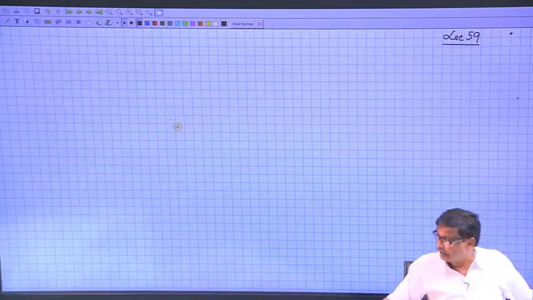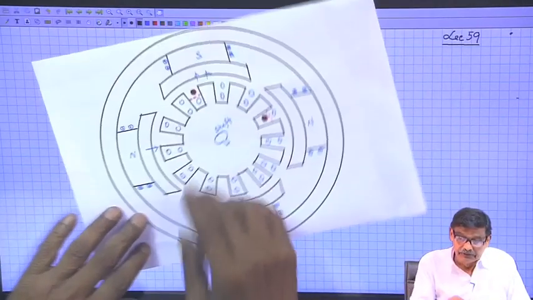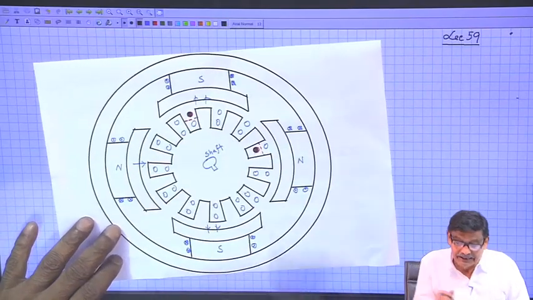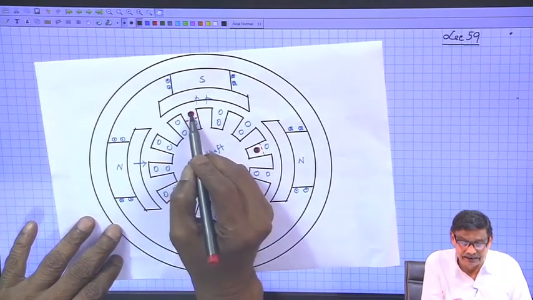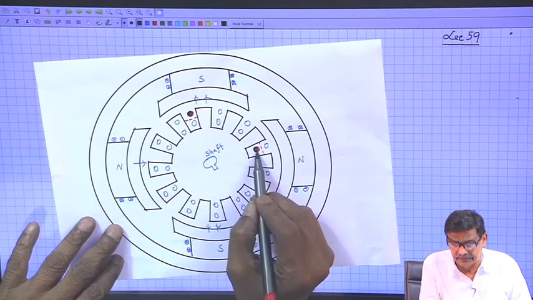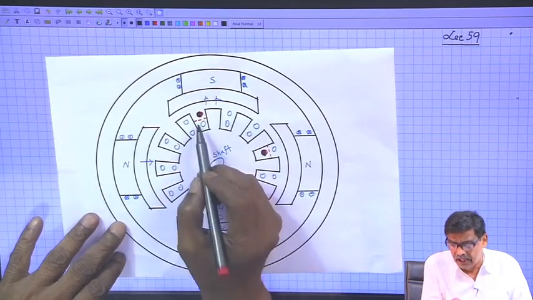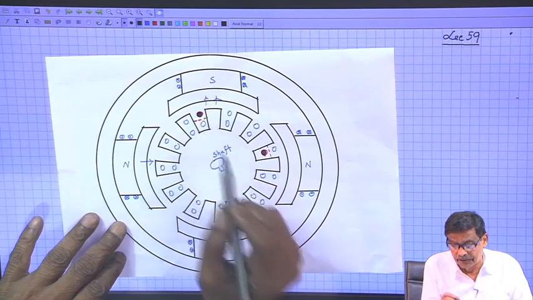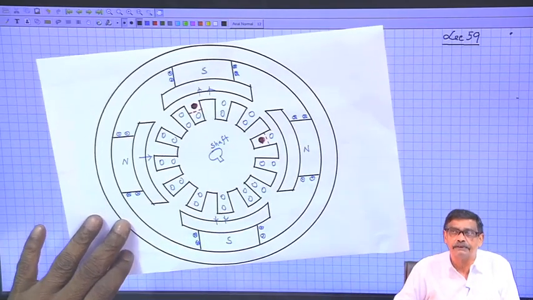So, in each slot, this red marked coil is a coil, this is one coil side, multi-turn coil it is, there are several turns, and the upper deck will occupy that and the lower deck will occupy that.